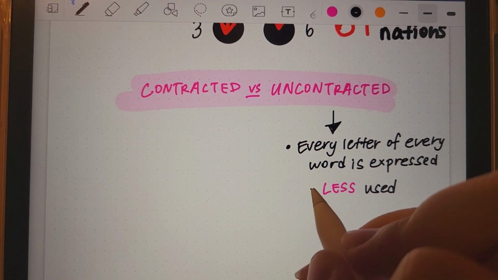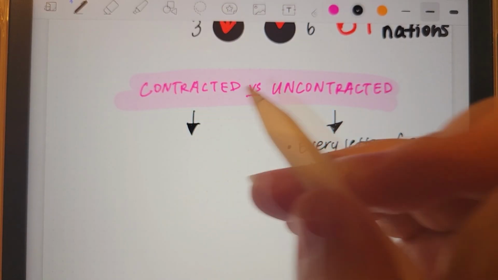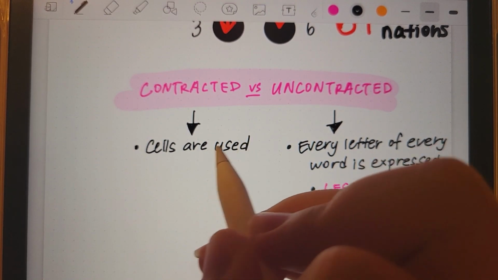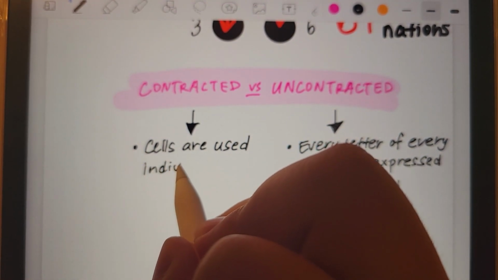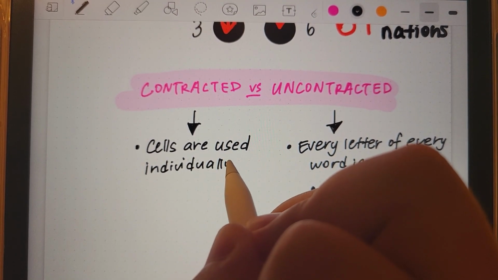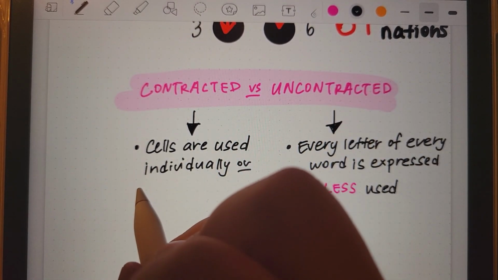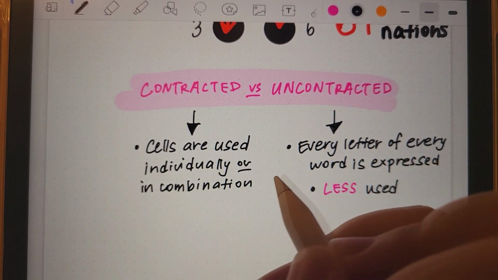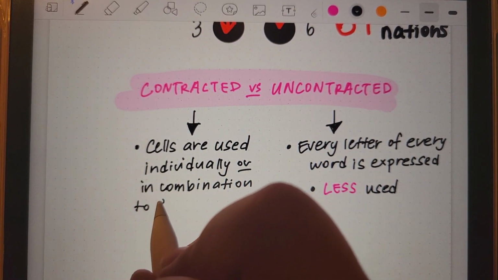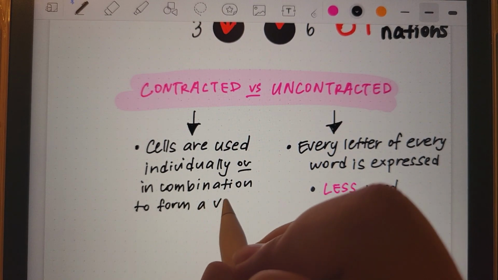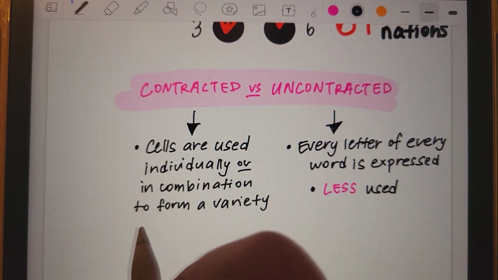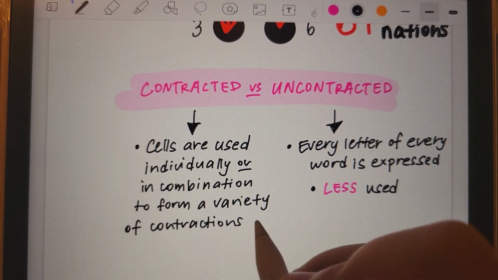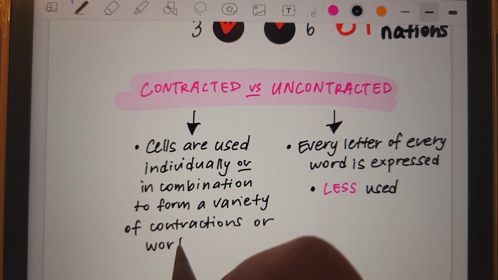Now, this is less widely used, and sometimes uncontracted Braille is used for books for children, but for contracted Braille, letters are used individually or in combination to form a variety of contractions, which I will mention in a bit, or words.